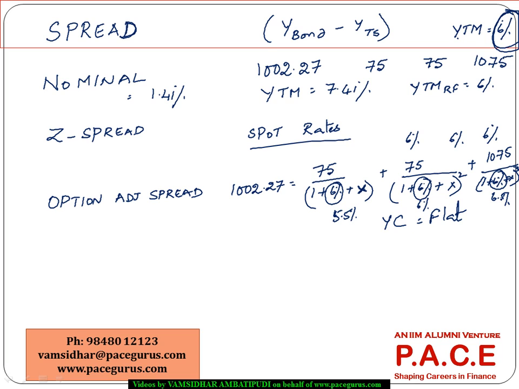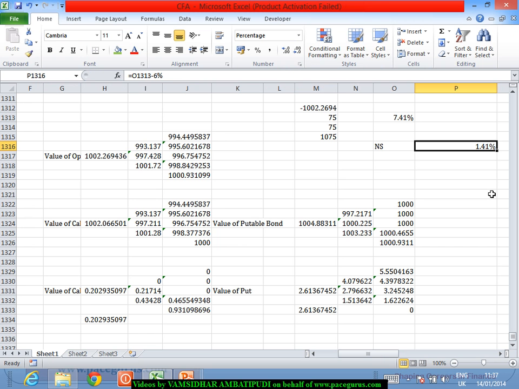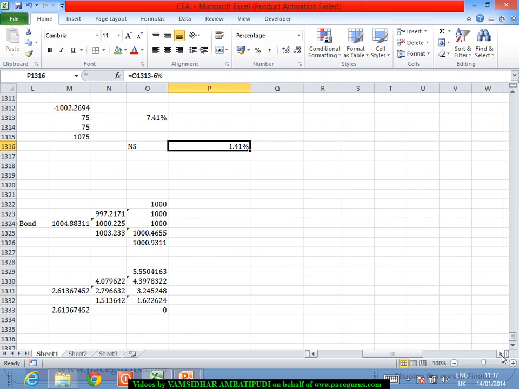So for this bond itself, if I assume that these are the spot rates for the 3 years, 5.5%, 6% and 6.5%, what would have happened to my cash flows?